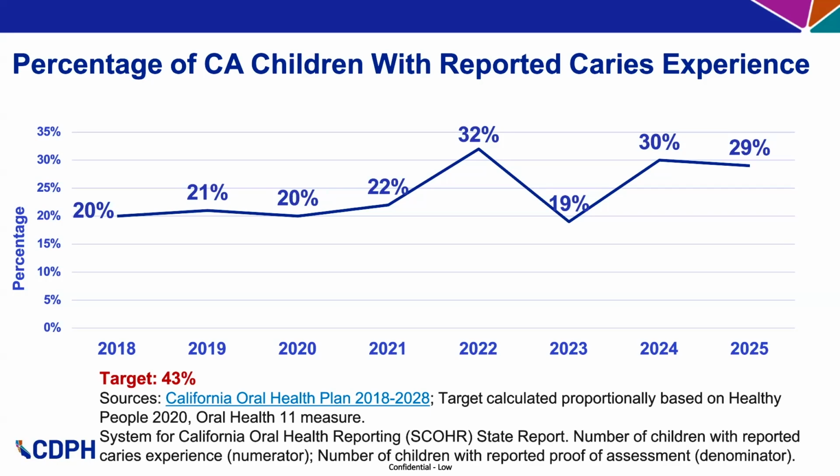There was variability observed around the same time, which may be linked to the disruptions caused by the pandemic, but it is very heartening to see that in the most recent years, the estimates have returned to lower levels, and they have consistently stayed substantially below the target values.